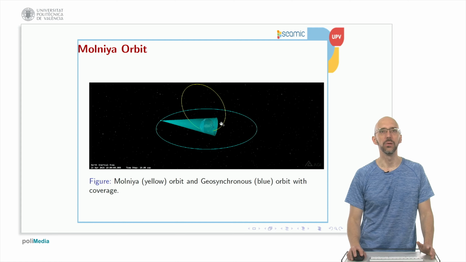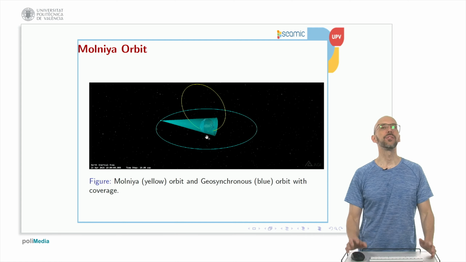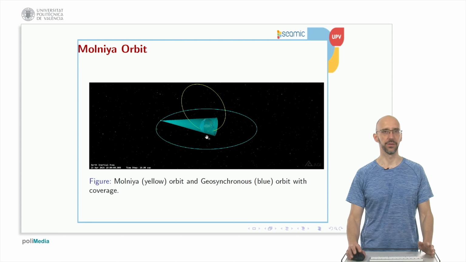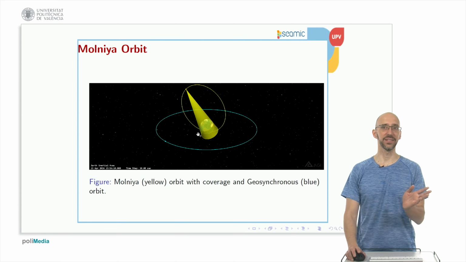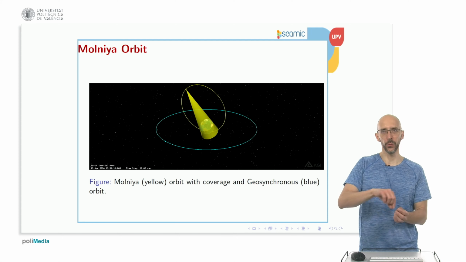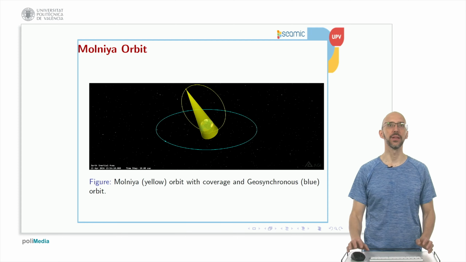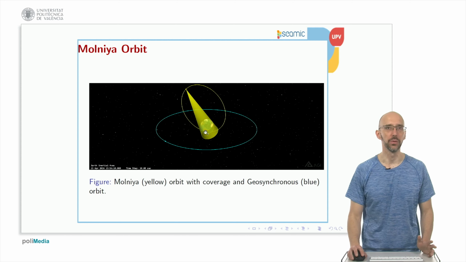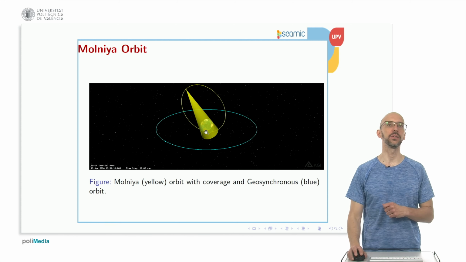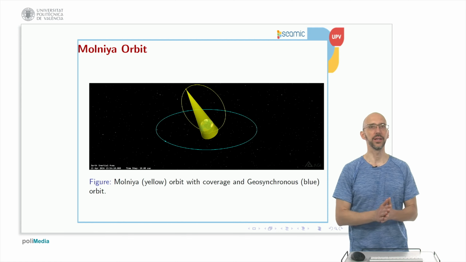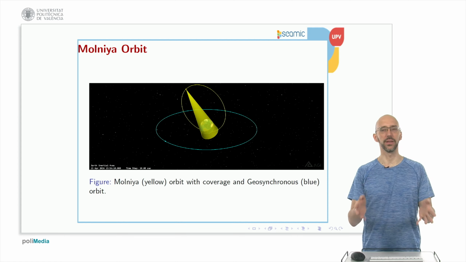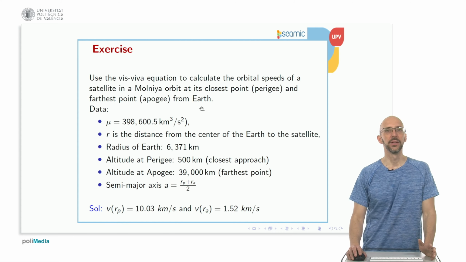Geosynchronous orbits have visibility of almost half of the Earth, okay? And with Molniya orbits, when it's high enough, when it's moving farther from the Earth, visibility is always as good as geosynchronous for higher latitudes. Okay, so you can see the visibility from this satellite.